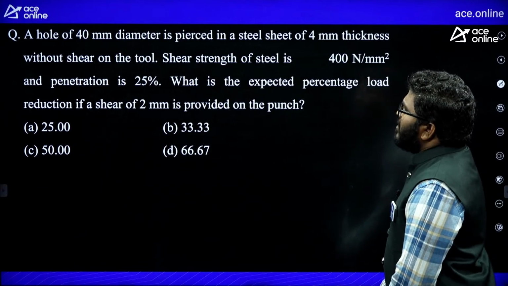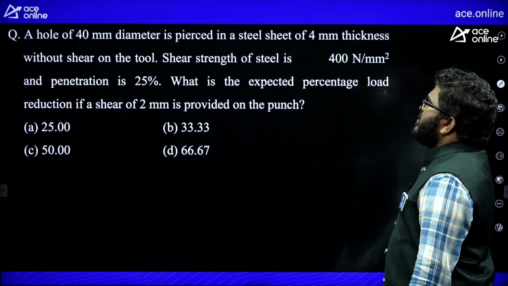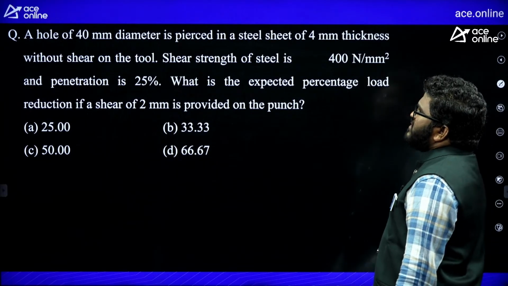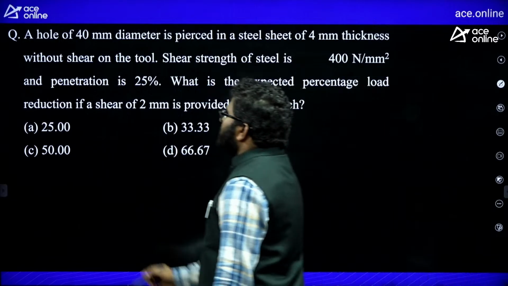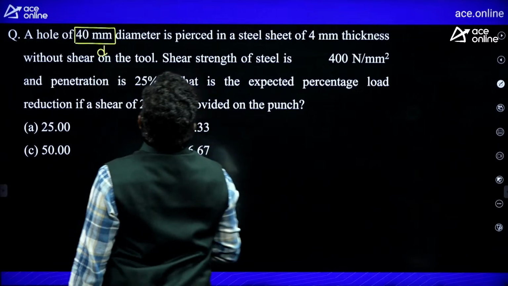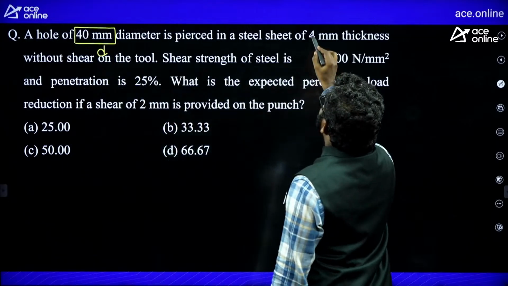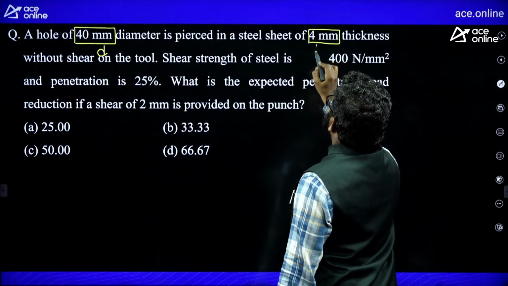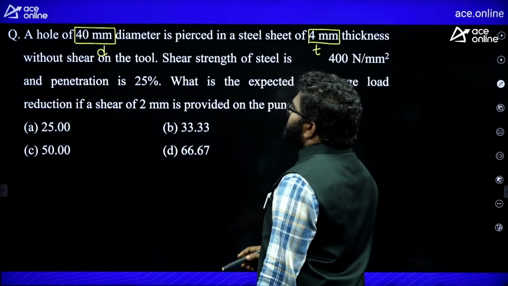Now see here. A hole of 40 mm diameter is pierced. Pierced means punching. In a steel sheet of 4 mm thickness, without shear on the tool first.